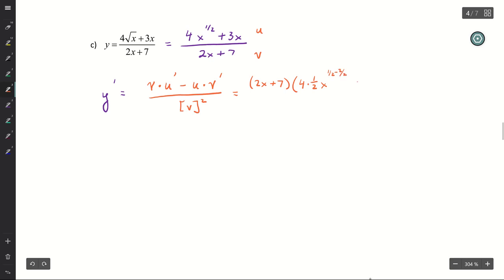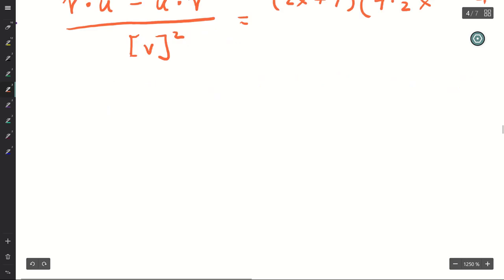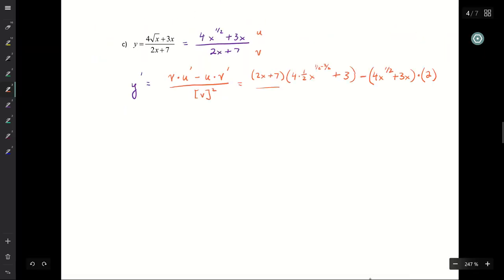And then plus the derivative of the second piece in the top. That would be 3. So that's taking care of bottom times derivative of the top. And then we're going to do minus. And then we want to do top. So that's 4x to the 1/2 plus 3x. And then we want the derivative of the bottom. The derivative of the bottom would just be 2. And then all of that is over the bottom squared.